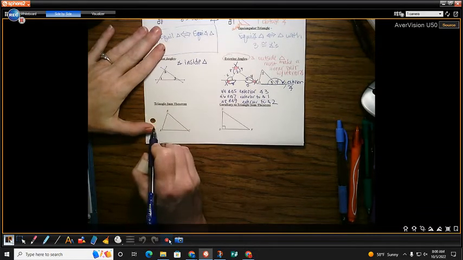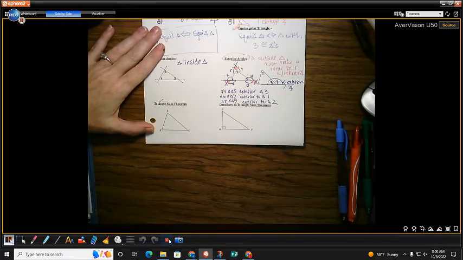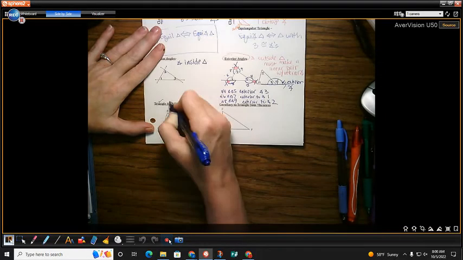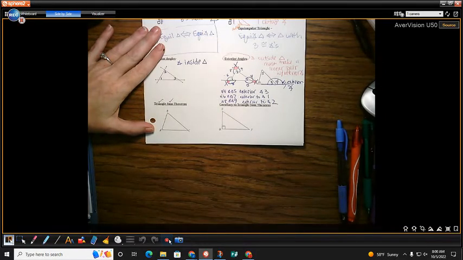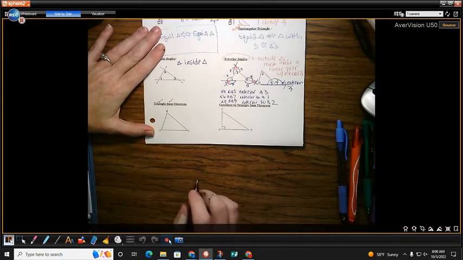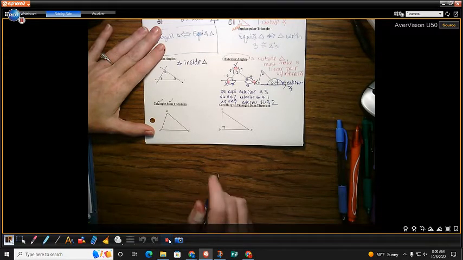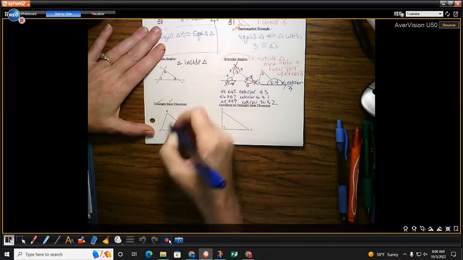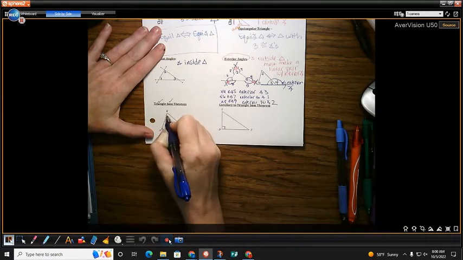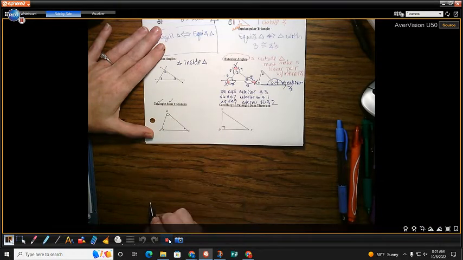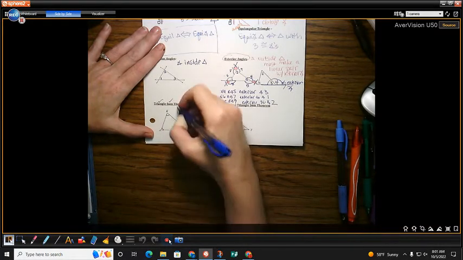Guess what it's about? Triangles and sums. What does it mean to sum? Add. So guess what we're going to add in the triangle sum theorem? Angles. Well, close. We want to not add angles, but add the measures of the angles. So, look, here's angle A, here's angle B, and here's angle C. I'm going to add their measures.